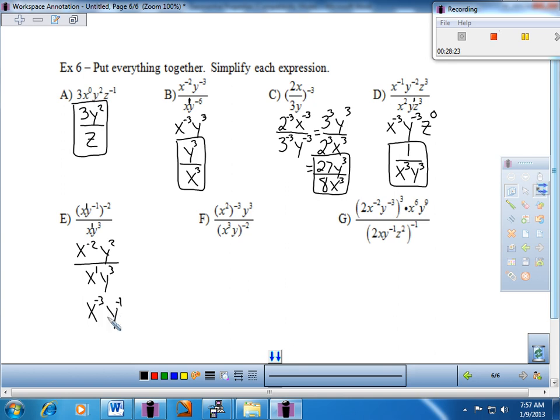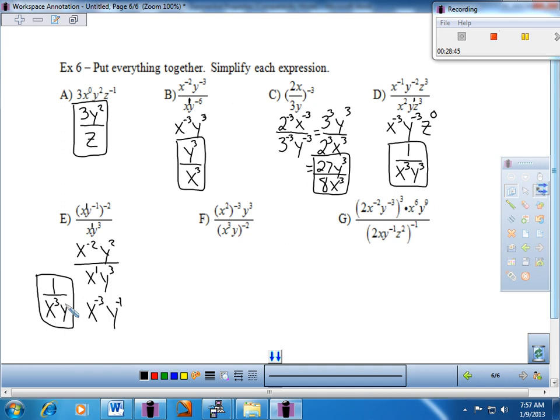Both negative exponents there, and so I'll want to go ahead and move those to the denominator. I'm going to try to find a spot for this. I think I'm going to come right over here. And it looks like I'll have a factor of 1 on top. Those two go to the denominator, and this looks like a pretty nice answer right there. So 1 over x to the third, y to the first. All right. Good. Last two, as you can see, they're getting harder.